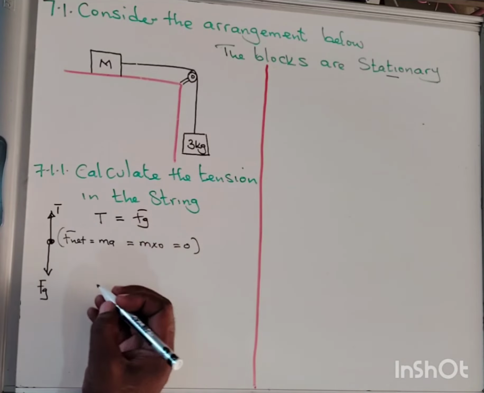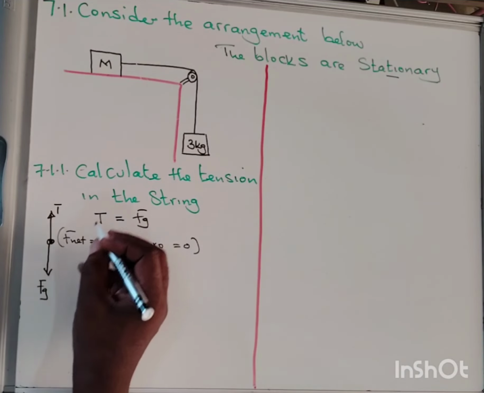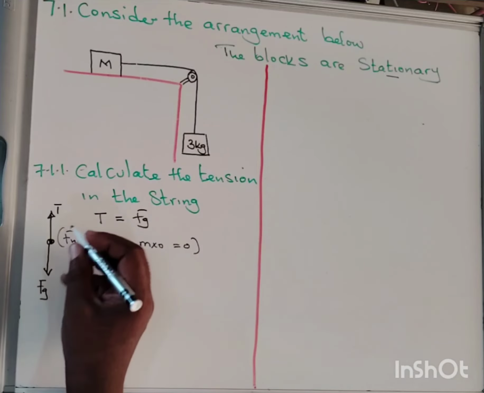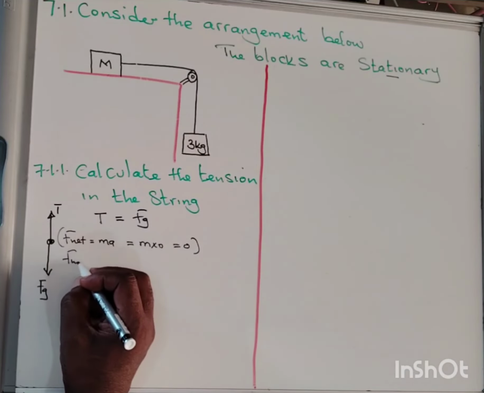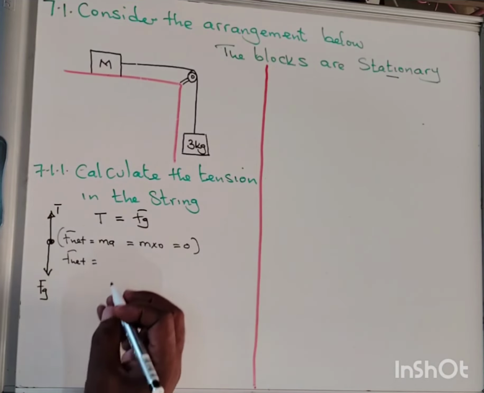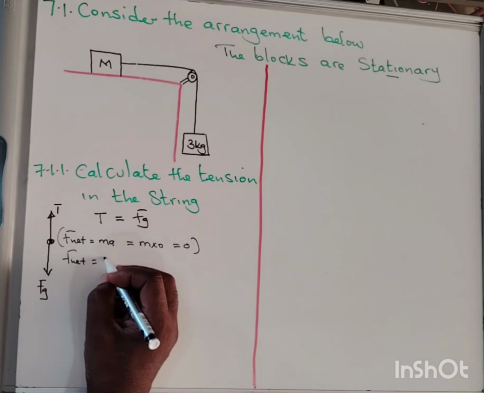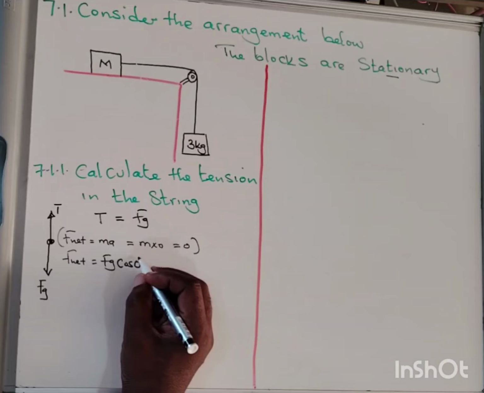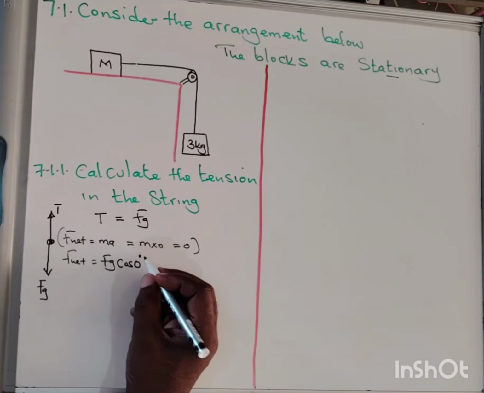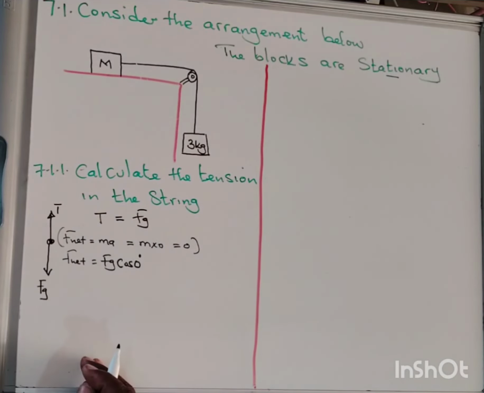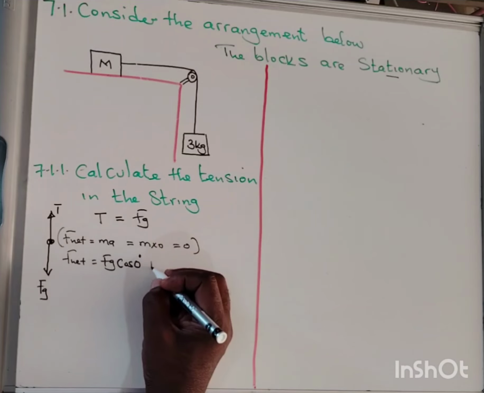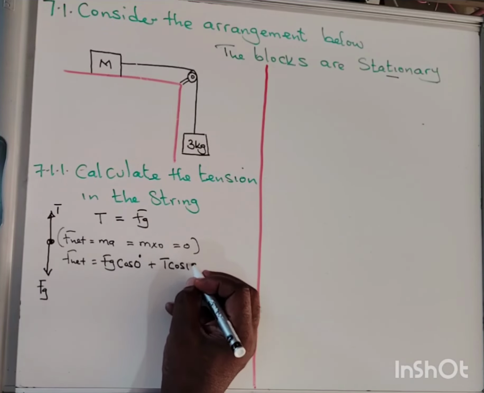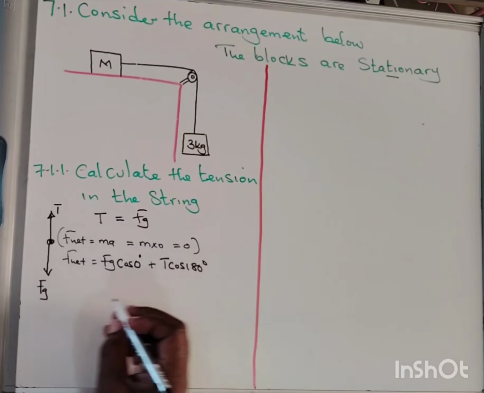Another approach: you put F net in terms of the forces involved. You are going to say F net is equal to Fg cos 0, taking downwards to be positive, plus T cos 180 degrees.